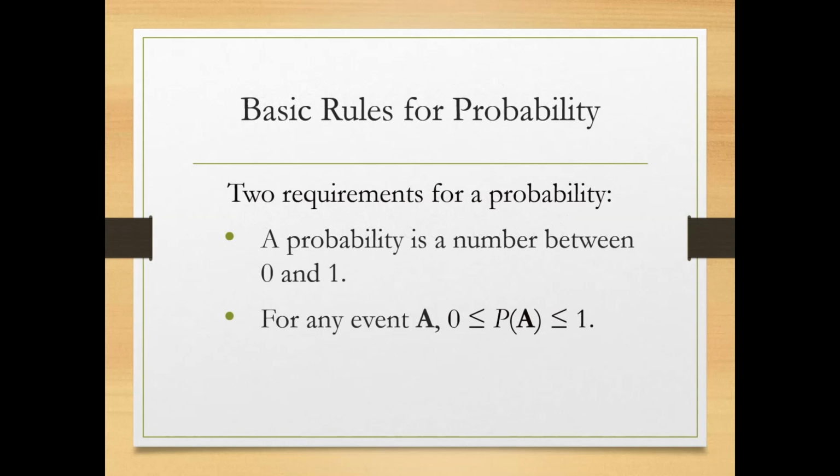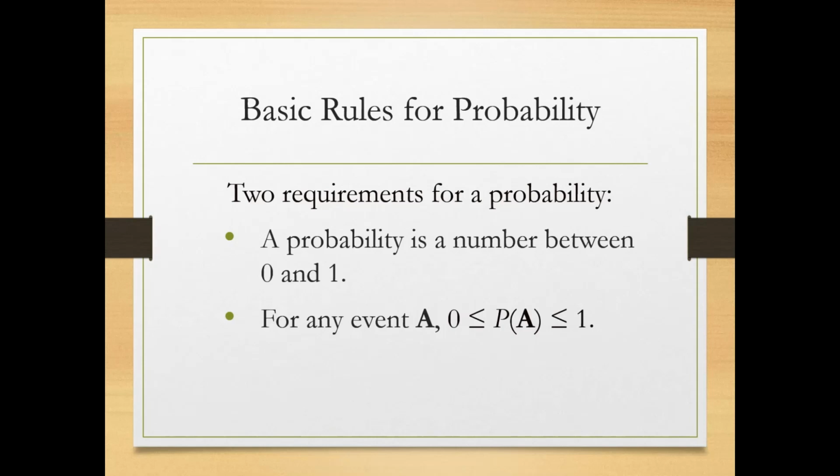So, basic rules for probability. Two requirements for a probability. Probability is a number between 0 and 1. I think I stated this pretty firmly in class. If an outcome has a 0 probability of happening, that means it can't happen. It's certain to not happen. It's impossible. If an event has a probability of happening equal to 1, that means it's certain to happen.